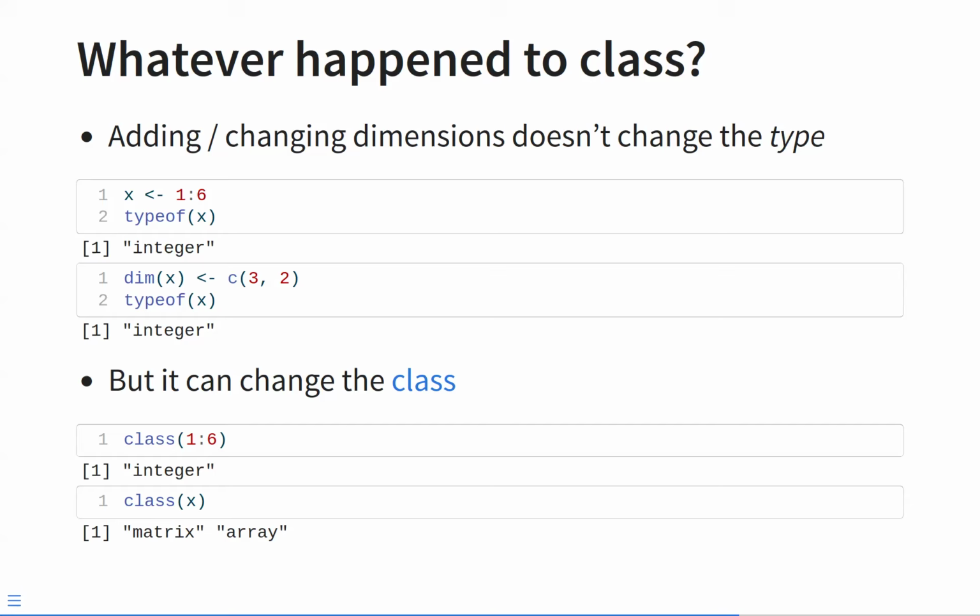Okay, so adding or changing dimensions doesn't change the type of an object. If I start off here with x gets 1 to 6, which is just the vector 1, 2, 3, 4, 5, 6, and I ask what is the type of x, I'm going to get integer.